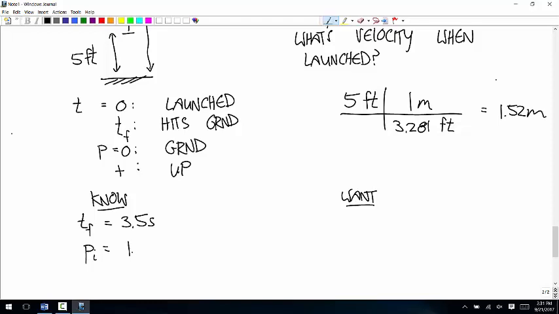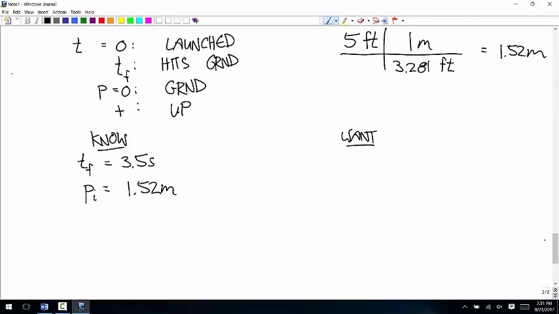So P initial is 1.52 meters. Do we know P final? Yes. 0. Very good. P final is 0. Do we know the initial velocity? No, we want that. Final velocity? No. Don't. Yes. But that's a really easy mistake to make.